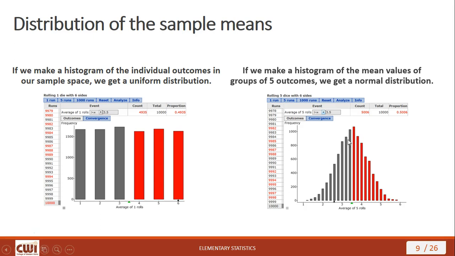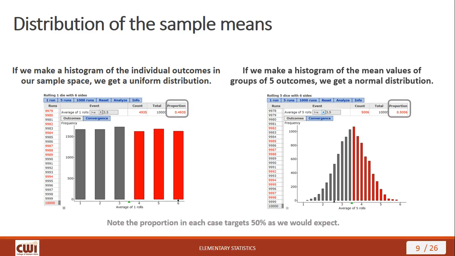Notice how we have that bell shape to our distribution, and notice that the center of the distribution is right around 3.5, which is the expected value for the population of dice rolls. Notice also the proportion in each case targets 50%, as we would expect.